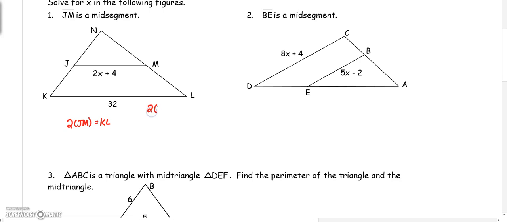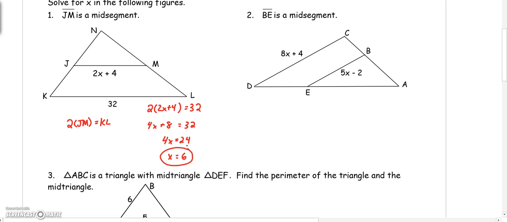So we're going to do 2 times 2x plus 4 is equal to 32. So first I'm going to distribute: 4x plus 8 equals 32. Then to get x by itself, I'm going to subtract 8 on both sides, so 4x is equal to 24, and divide by 4, so x is equal to 6.